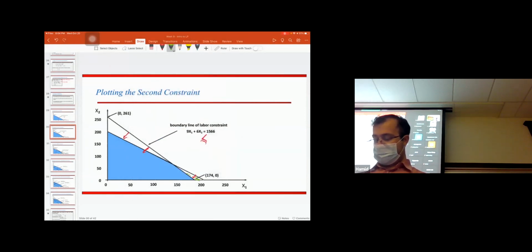But these two parts don't overlap with the first and second inequalities, right? It doesn't work. We need a region that works in all inequalities. So although the second boundary may cover more points, like here, let me erase this one so I don't confuse you guys.